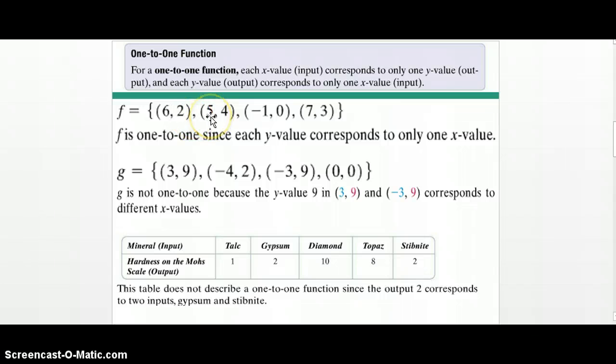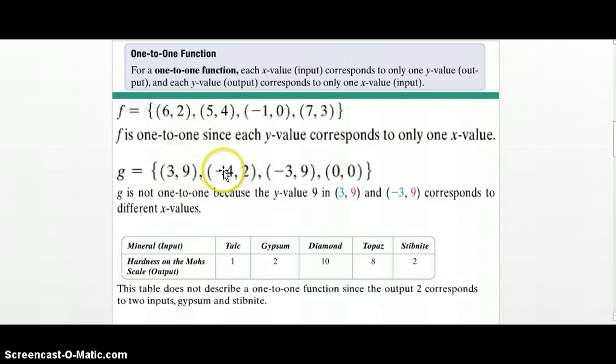In this ordered pair, the x value is 5, y value is 4. Here x value is -1, y value is 0. Here x value is 7, y value is 3. Now each x value corresponds to one y value, so this is a one-to-one function.